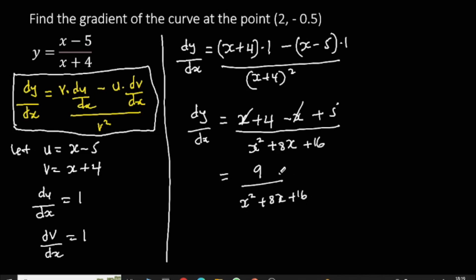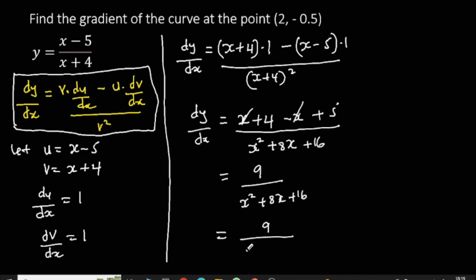Now this is the gradient function. So with this gradient function, if we just substitute the value of x at that point, we are going to get the gradient of that function at this coordinate point. So in this case, we take the gradient function, but in place of x, we substitute a 2.